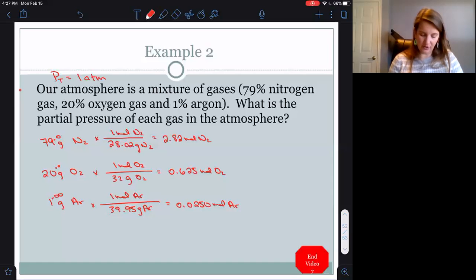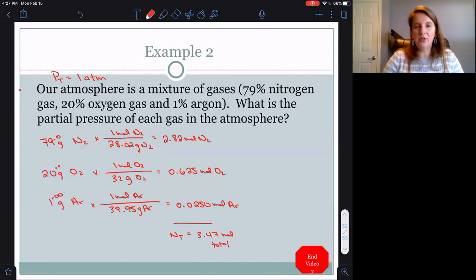So I'm going to add all of these together to get my total amount of moles, and that's going to give me 3.47 moles total.